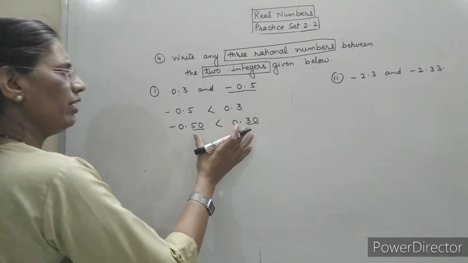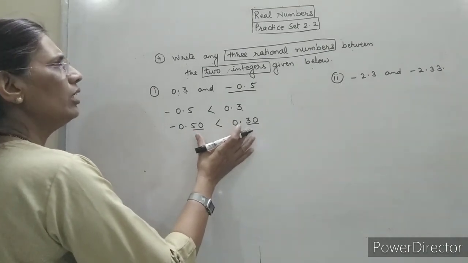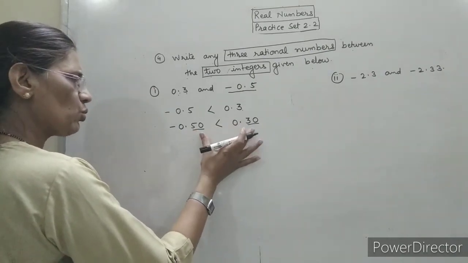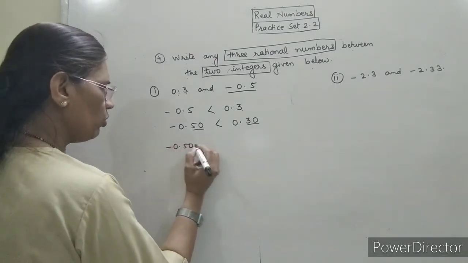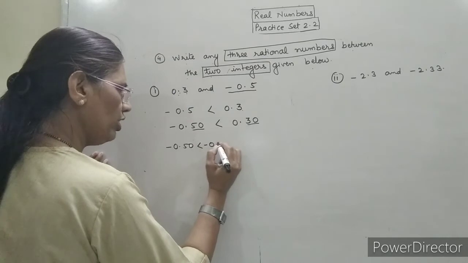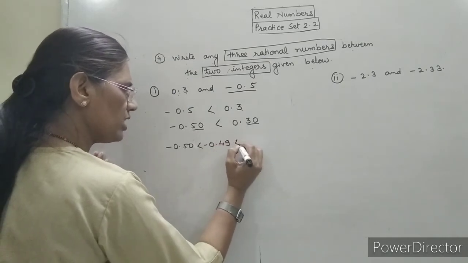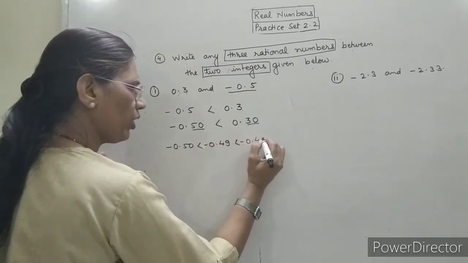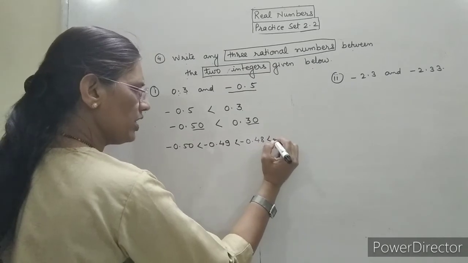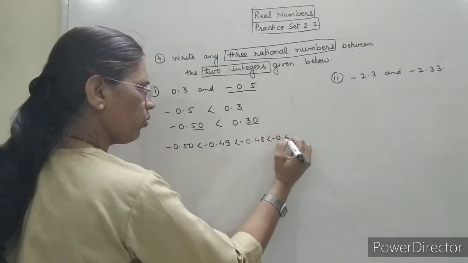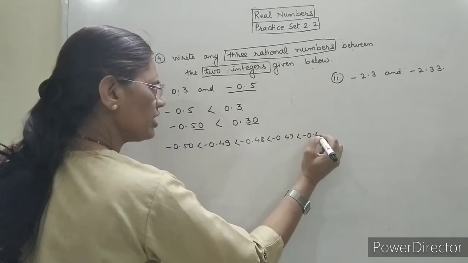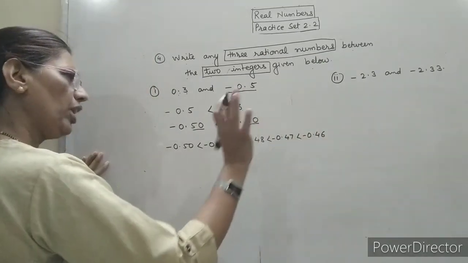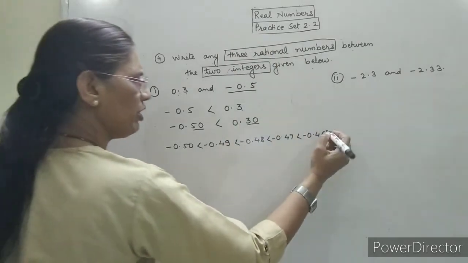Now we can find many rational numbers between these two. Now negative 0.50 is less than negative 0.49 is less than negative 0.48 is less than negative 0.47 is less than negative 0.46, and you can write many rational numbers in between them.